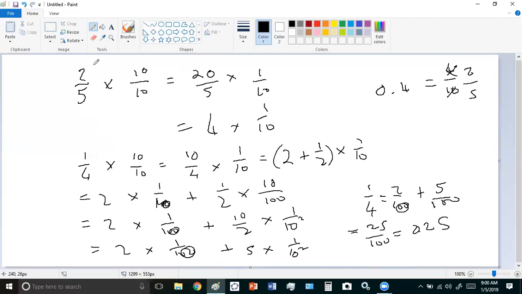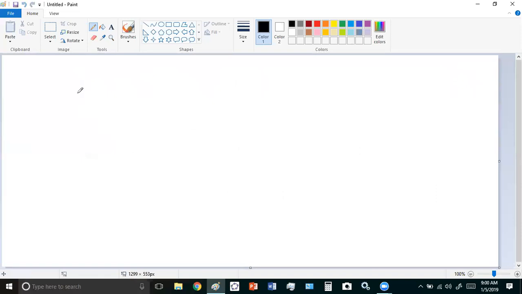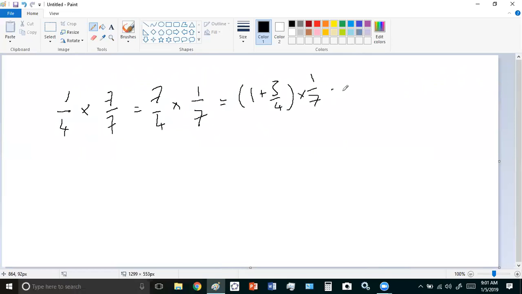Okay, so now let's look at an example where we convert to a base other than 10. How about this example? Let's take a quarter in base 7. We do the same process, and that's going to be 7/4 times 1/7, which is the same as 1 plus 3/4 times 1/7, which is the same as 1 times 1/7 plus 3/4 times 7/49.